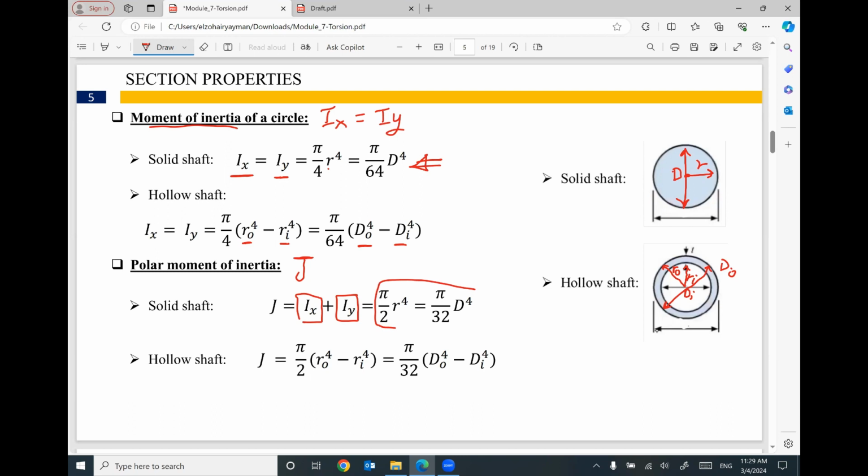If we have a hollow cross section, it is pi divided by 2 times the outer radius to the power 4 minus the inner radius to the power 4, or pi divided by 32 times the outer diameter to the power 4 minus the inner diameter to the power 4. So the polar moment of inertia J is a section property equal to Ix plus Iy.